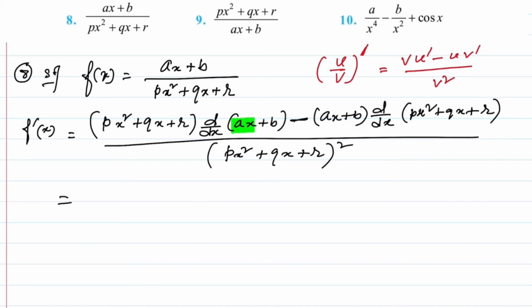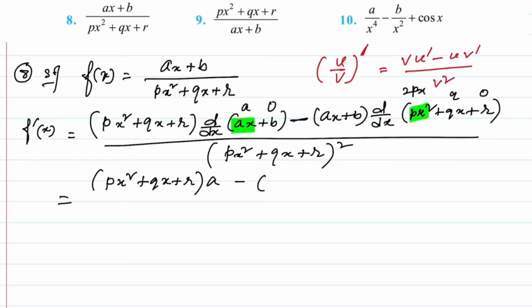Now if you differentiate ax, you will get a into 1, that is a, and if you differentiate b, you will get 0. So here we got px square plus qx plus r into a. If you differentiate px square, you will get twice px, if you differentiate qx, you will get q, and if you differentiate r, you will get 0.